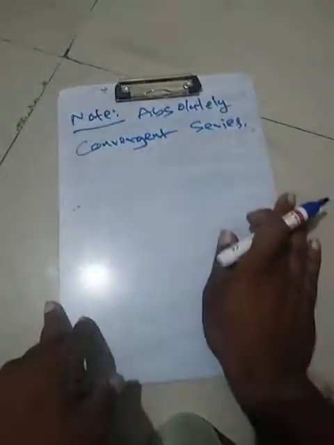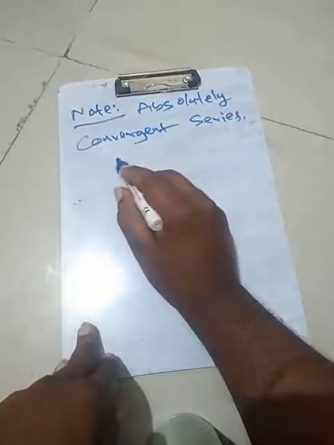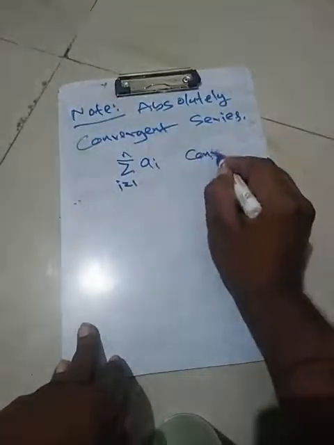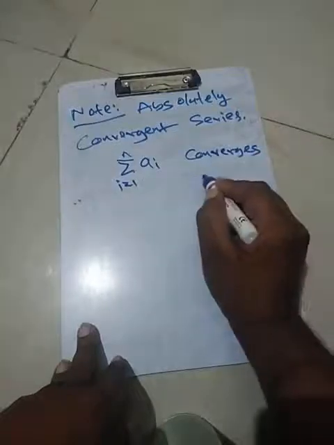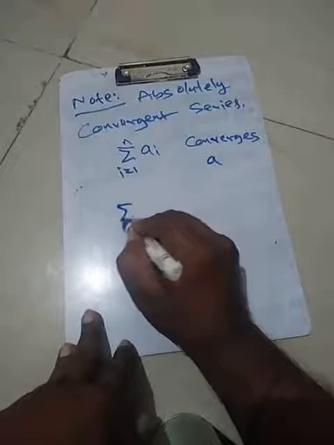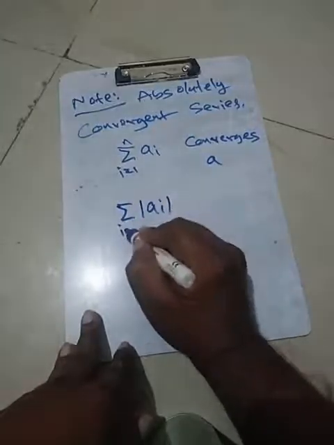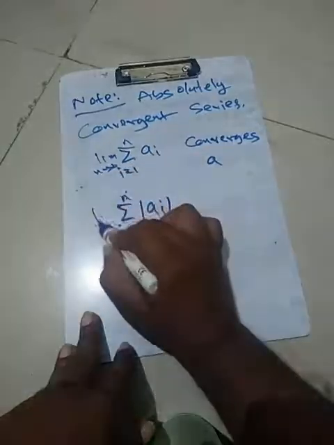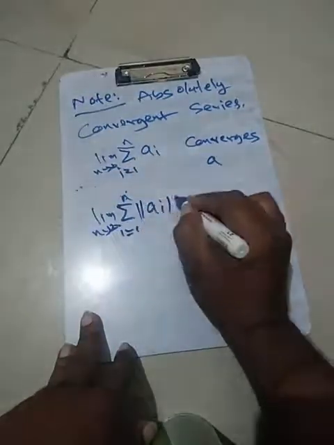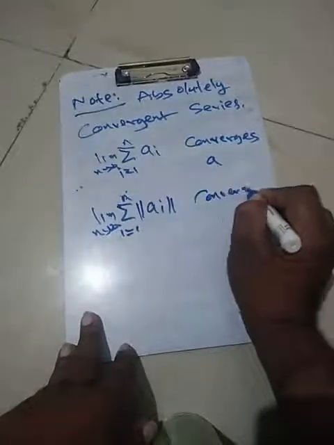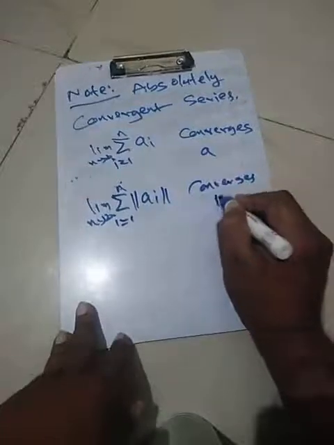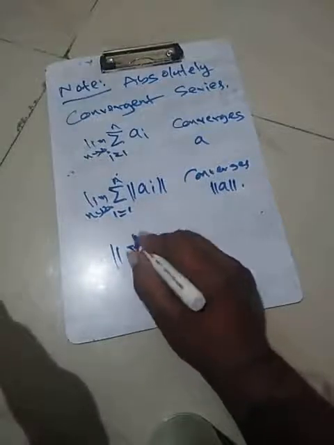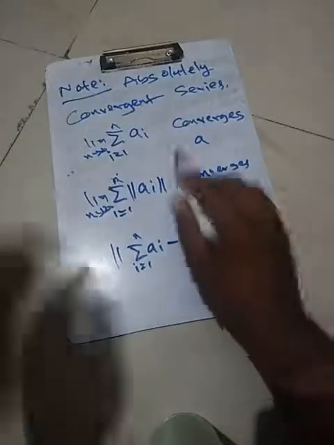What we have seen is that if the summation converges, say to A, and the summation of mod of Ai, i going from 1 to n, as n tends to infinity, the norm of Ai converges to, say, the norm of A. So what this means is that this summation tends to 0.